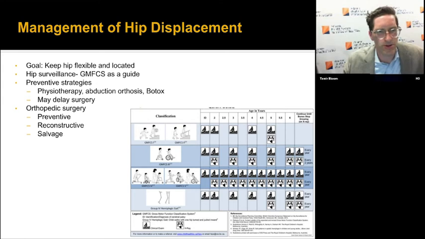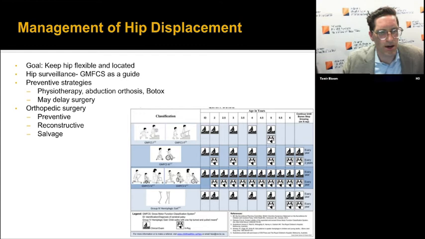So what are our goals of management for hip displacement? We want to be proactive and keep the hip flexible and located. We don't want to be doing salvage surgeries to take a hip that's out of the socket and put it back in, particularly once it's been out for a while, because the hip starts to deform and become osteoarthritic, as I showed you in that clinical picture.